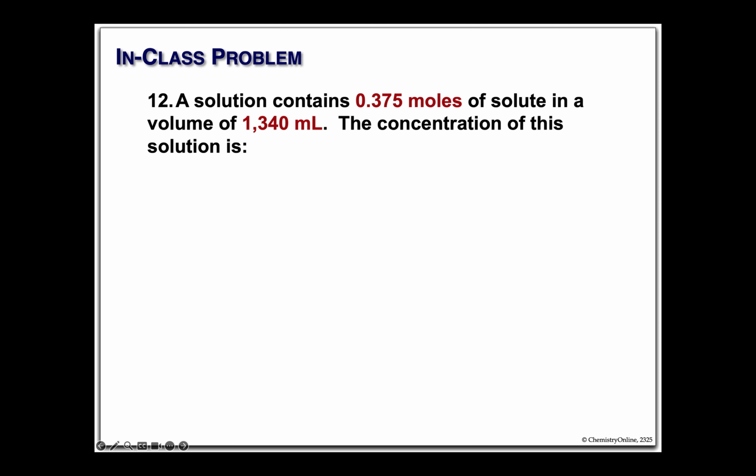This is a very simple little calculation. We have 0.375 moles of solute, doesn't matter what it is, and our volume is 1340 mils. What's the concentration? Well, we either look at our little card, or we just remember. The concentration is going to be moles divided by volume. The volume must be in liters. So we have to convert this to liters.